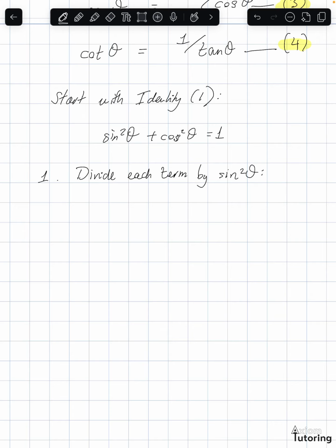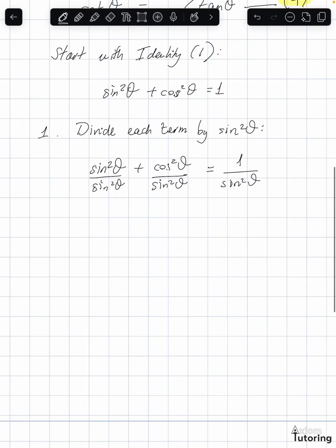So what that's going to look like is sine squared theta over sine squared theta plus cos squared theta over sine squared theta equals 1 over sine squared theta. So that first term is trivial. That simplifies to 1. Cos squared theta over sine squared theta. Okay, so we'll go back to that term.